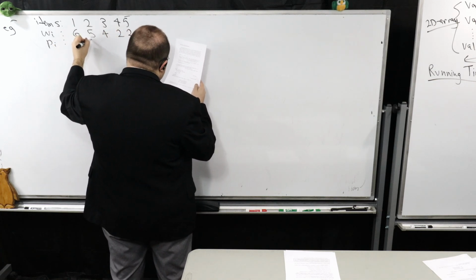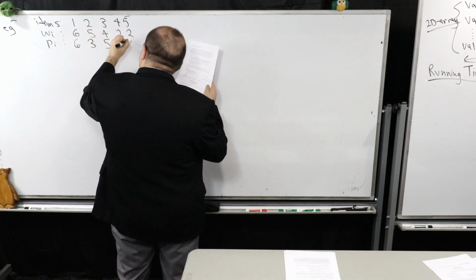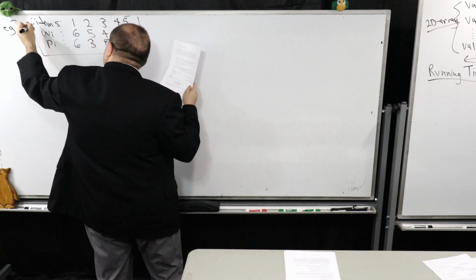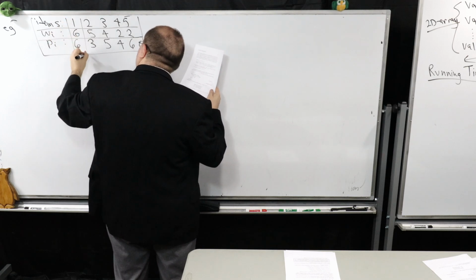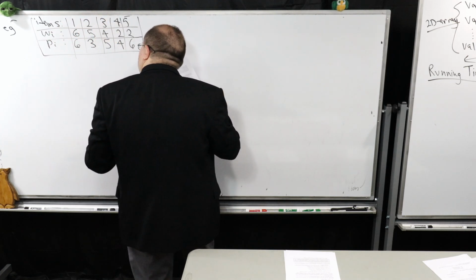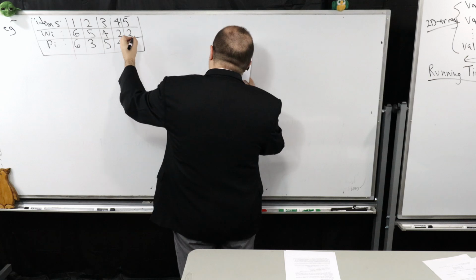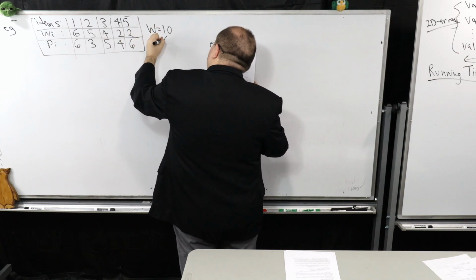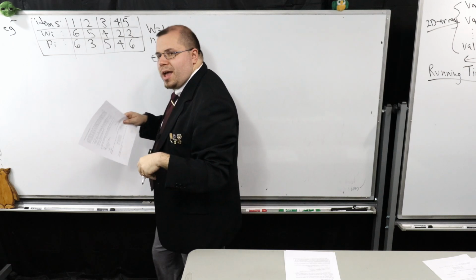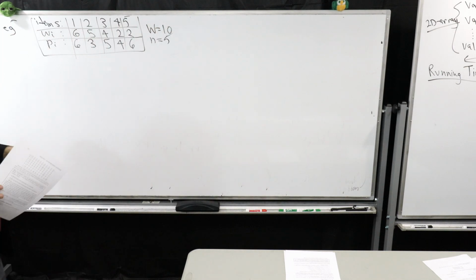And for the profits, I'm going to have 6, 3, 5, 4, 6. And I'm going to have the knapsack capacity be equal to 10. So I have 5 items, and the knapsack capacity is 10.